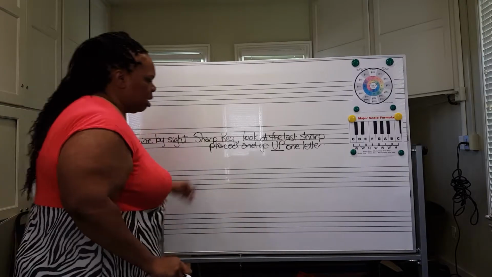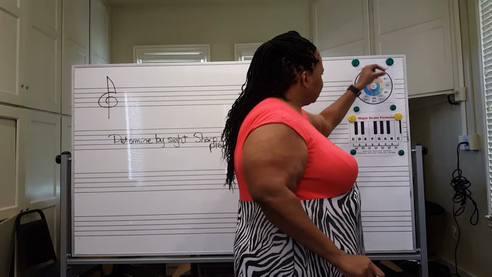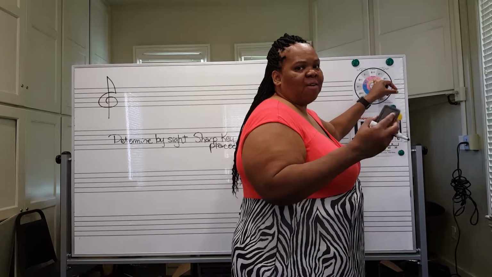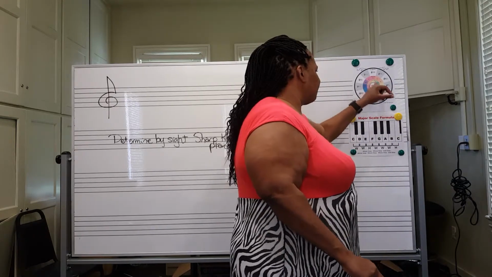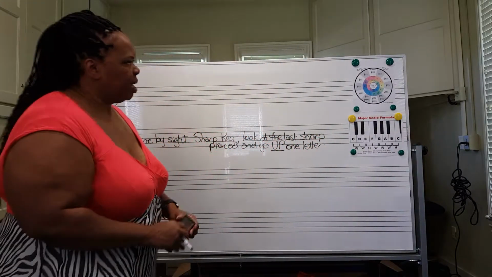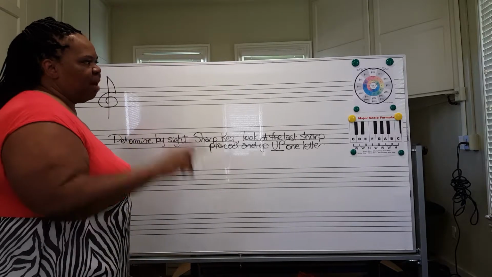Now let's look at the flat keys. I'm going to keep that rule up there for your writing. We just have to know by circular fifths, going down 5 degrees is the next key, F. From F we have B flat. All right? We know that for the key of F, we have B flat.